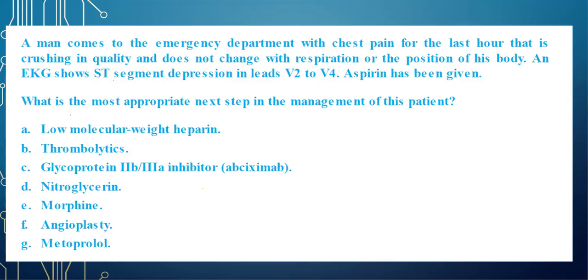So angiography is just to look at the coronary artery to know where exactly the block is. So that's angiography. Angioplasty, percutaneous coronary intervention, stenting, these are the same thing. Okay, and the catheter lab is the place where all of these are happening.